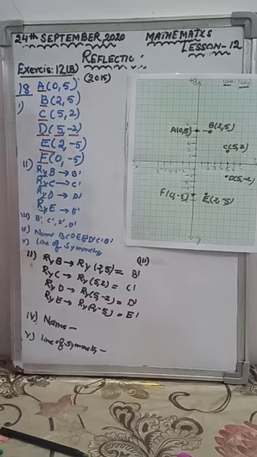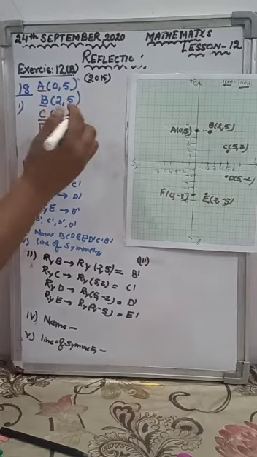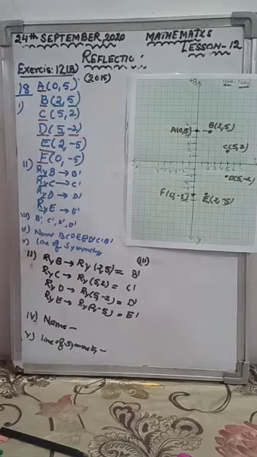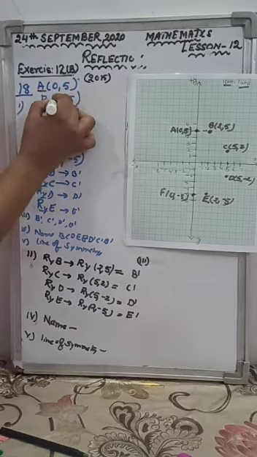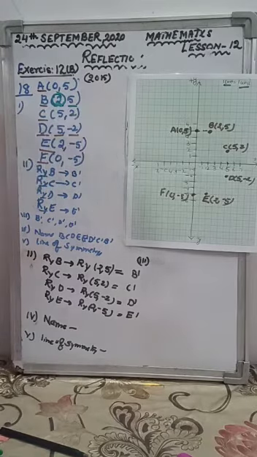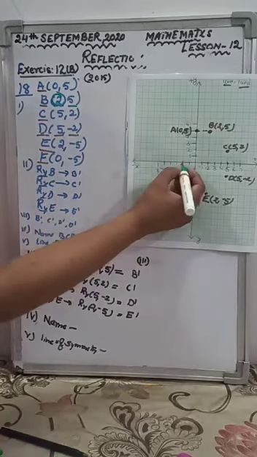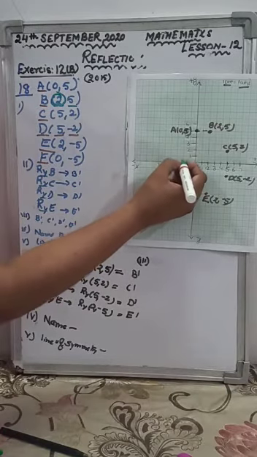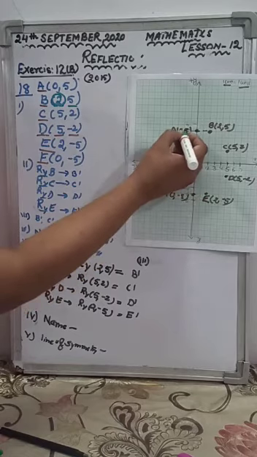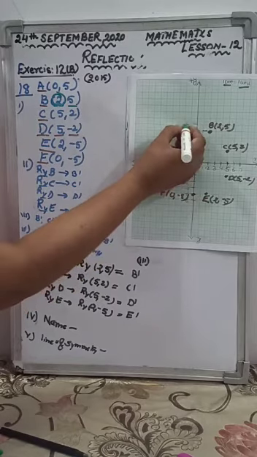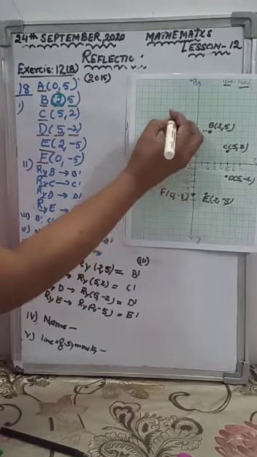So first of all, let us do the reflection of B. B is 2, 5. When the reflection will take place in the y-axis, the sign of the abscissa will change. That is -2, 5. So this will be your point. This is your point. Clear?